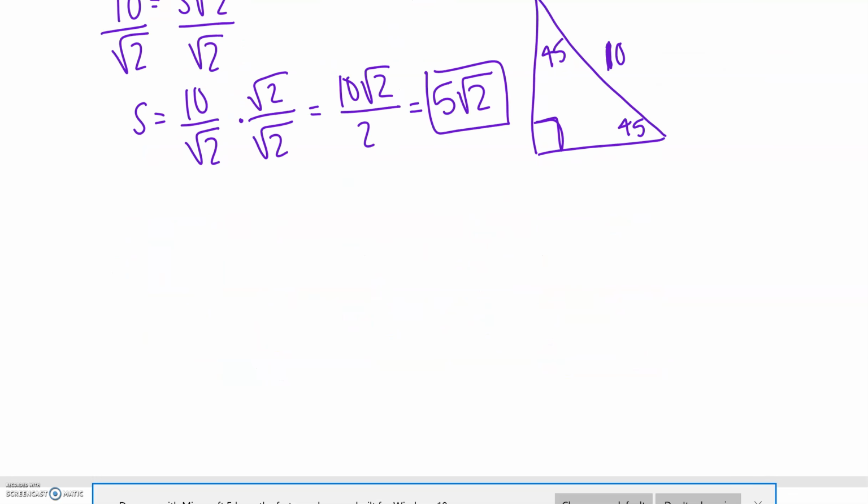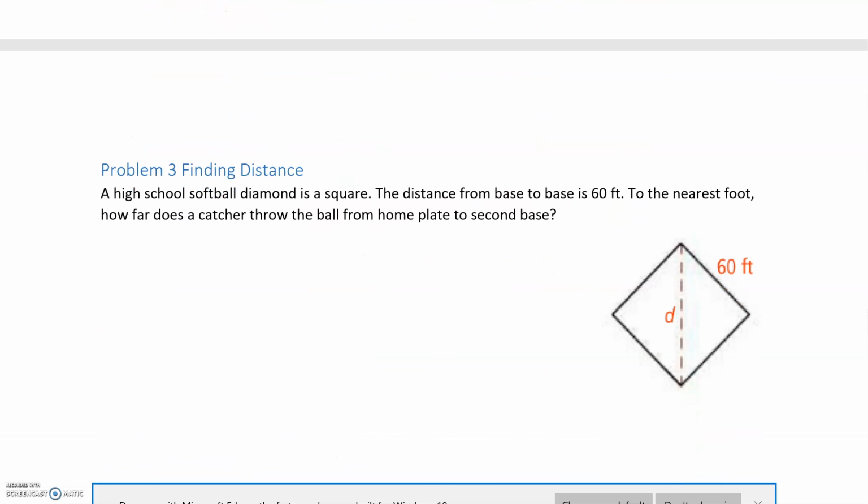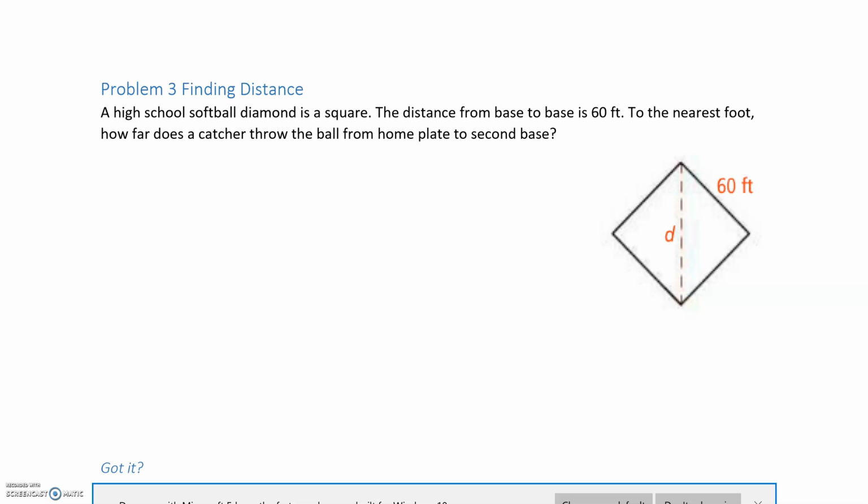If we move on to the next page, we've got a high school softball diamond that's a square. So we know that every corner of our square is going to be 90 degrees. If we cut it in half, that means we've got a 45, 45, 90 triangle.